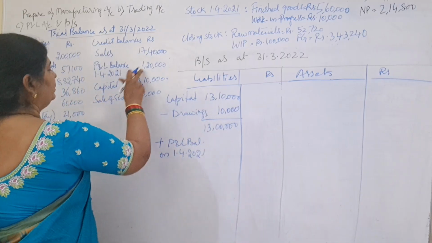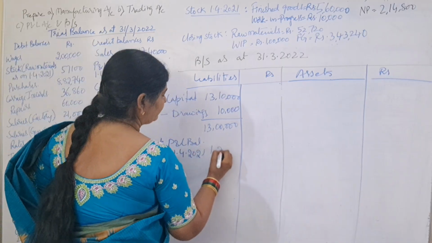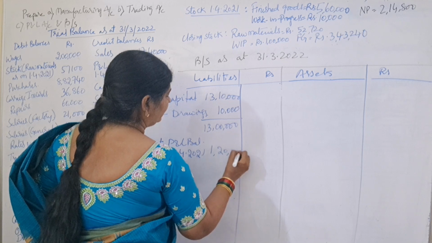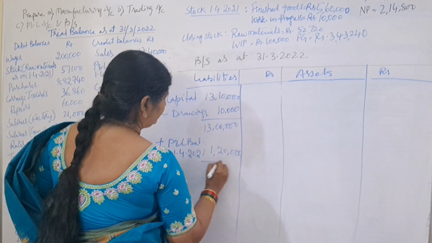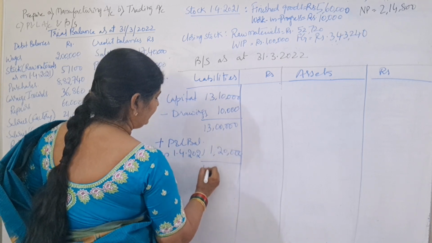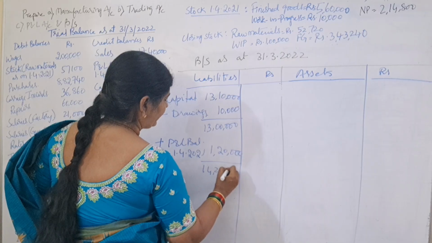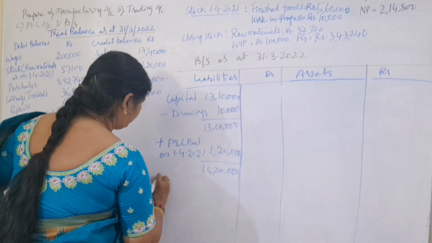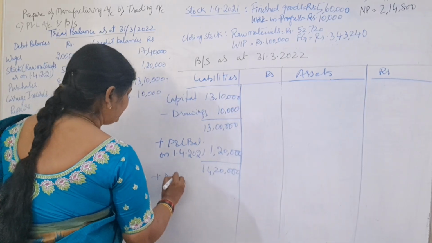So what is that amount? 1,20,000. So it is 14,20,000. So again to this we have to add net profit of this year.